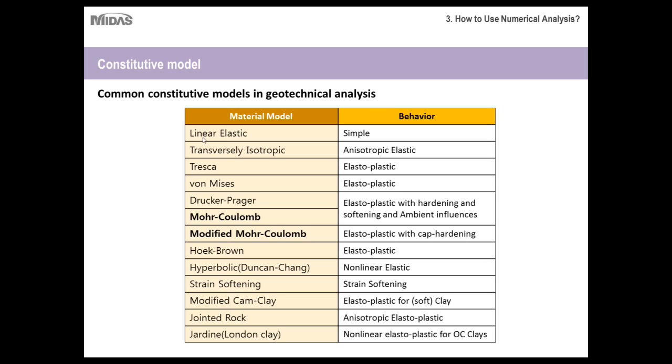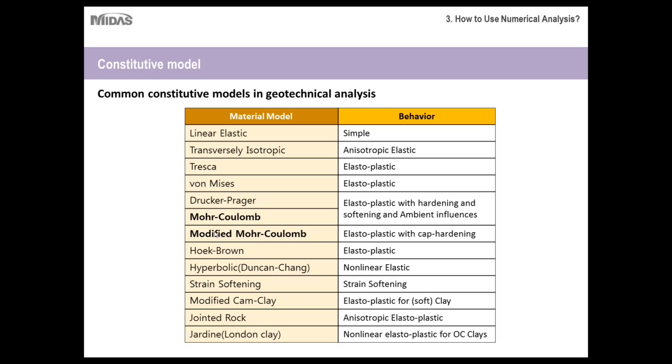So we have linear elastic behavior, transversely isotropic, then we have Drucker-Prager, we have Mohr-Coulomb, we have modified Mohr-Coulomb, which is actually for elastoplastic and cap hardening behavior. Then we have Hoek-Brown, which is for elastoplastic. We have hyperbolic for nonlinear elastic, etc.